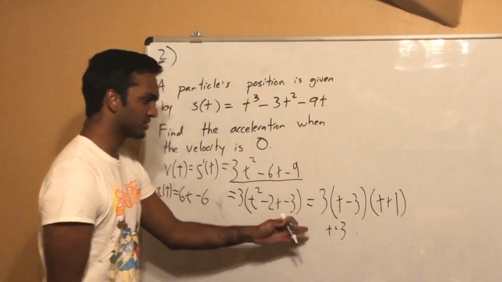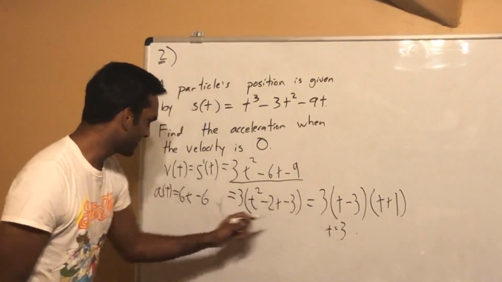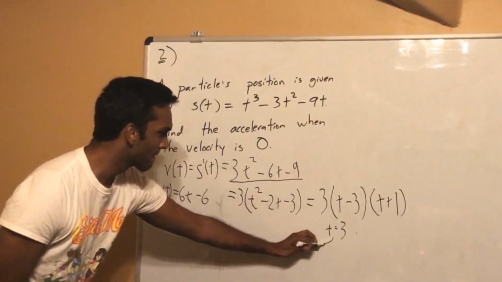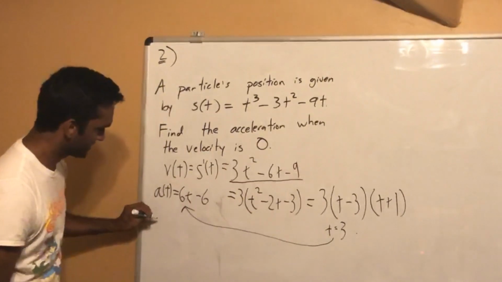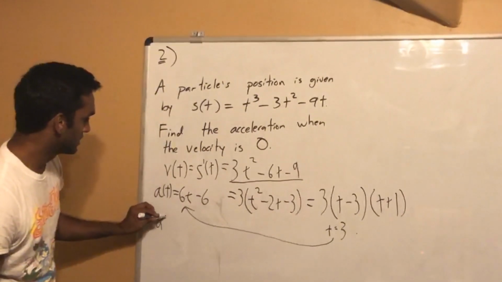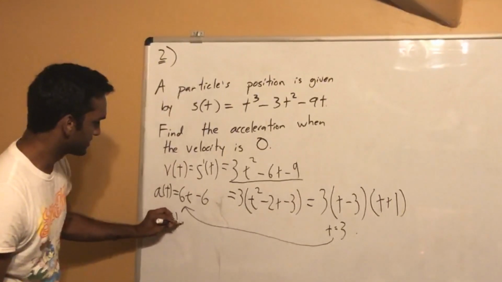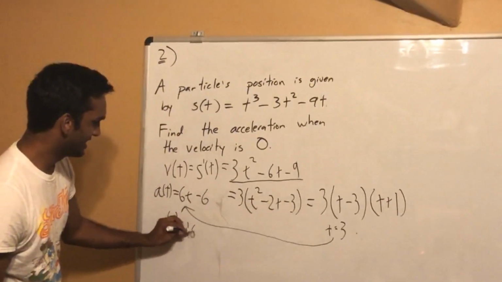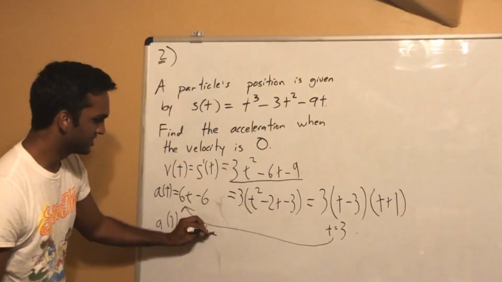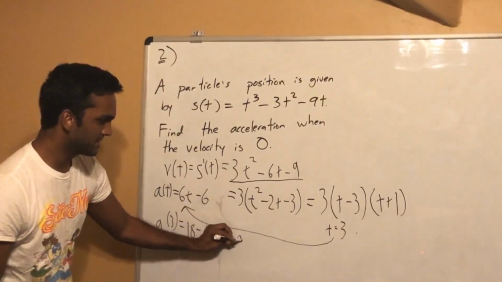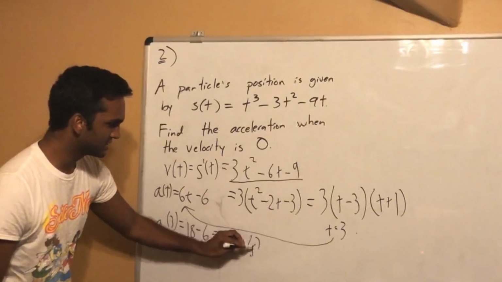So t must be equal to 3. And so I put 3 back into the acceleration over here, and a of 3 would be equal to 18 minus 6, which equals 12 meters per second squared.